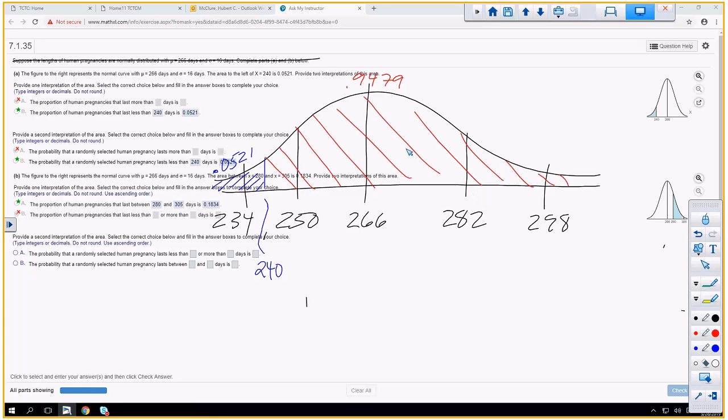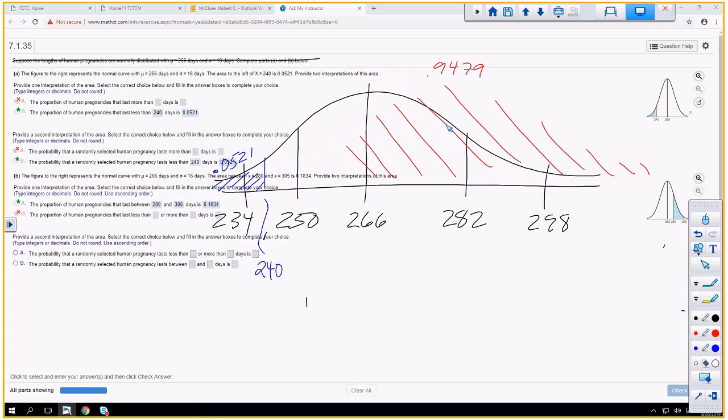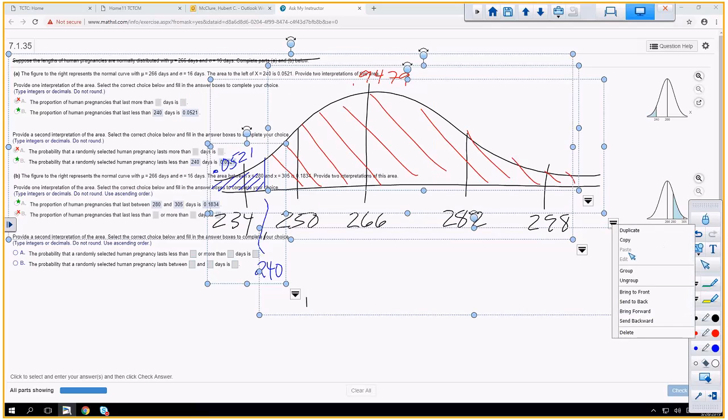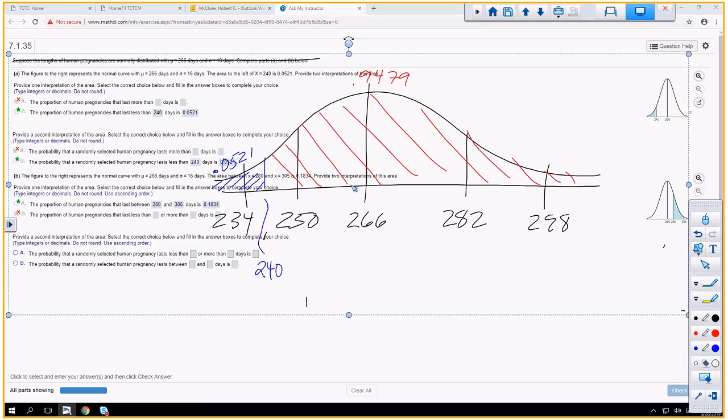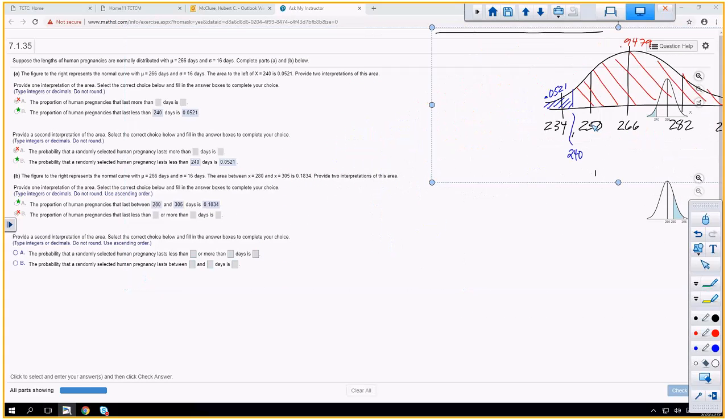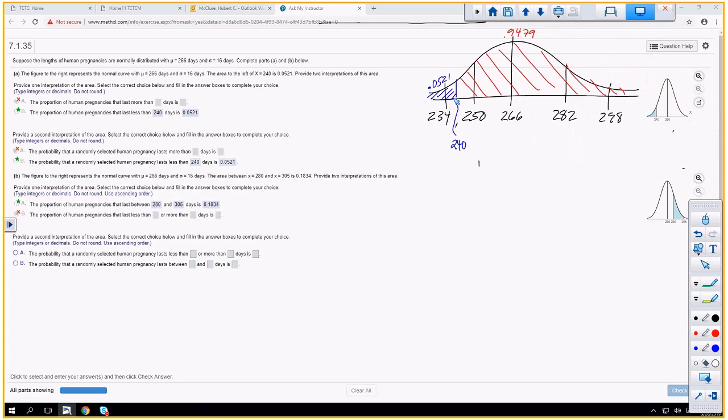This question is not a good question. I thought it was a good question when I first saw it, but let me see. Okay, they give you the area is 0.1834. So 0.1834, they're going to ask you that three times. And I want you to know what's on the right side.